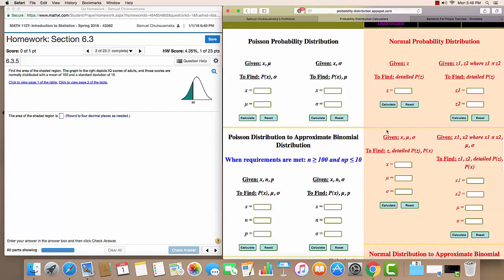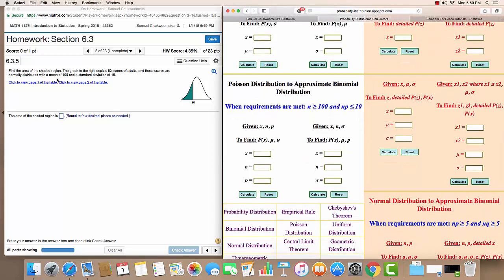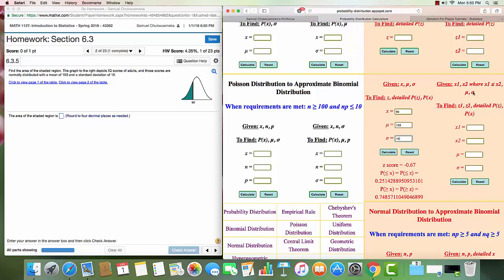All right. So they're asking us for the area of probability, and the variable is 90. They give us the mean and standard deviation. The mean is 100, and the standard deviation is 15. And you can press the enter key or you press calculate.